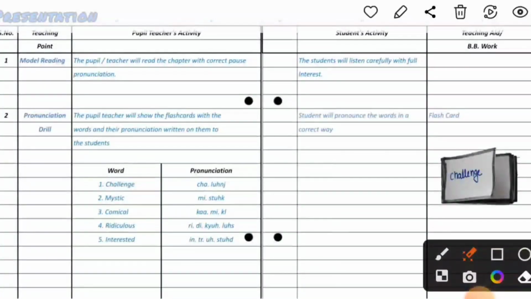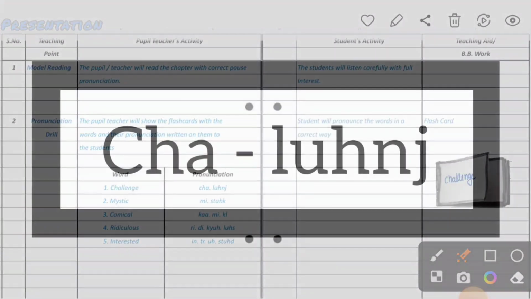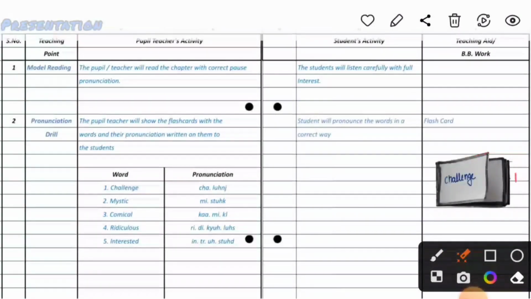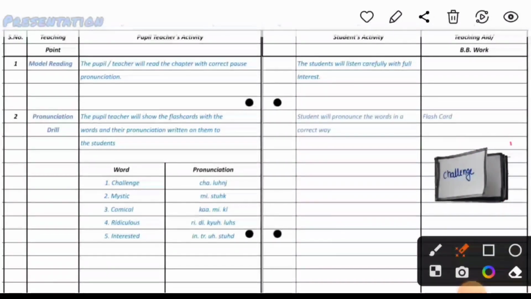Here the pupil teacher will make use of the flashcards for teaching the pronunciation of the words that are difficult to pronounce. So here the pupil teacher will write the word on one side of the flashcard and its pronunciation on the other side. We'll paste the miniature of the flashcards in the teaching aid / blackboard work column.